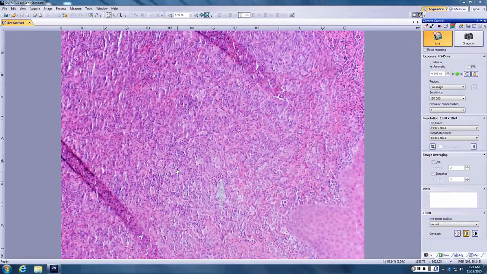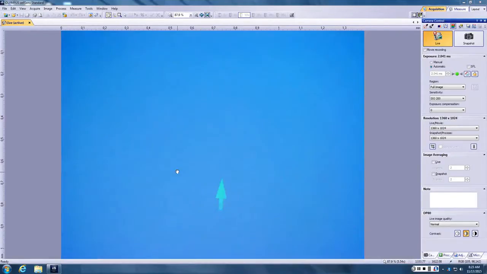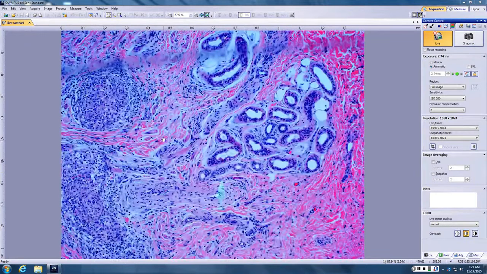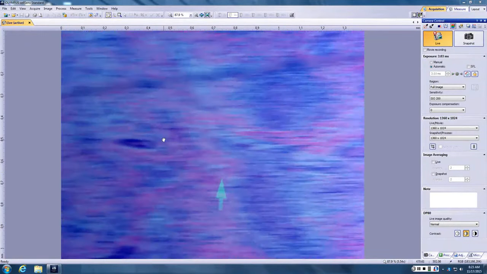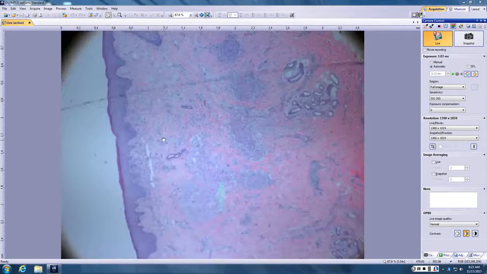But the emperipolesis is a very, very strong indication that this is Rosai-Dorfman and not Langerhans cell histiocytosis. Okay. Very good. Okay.